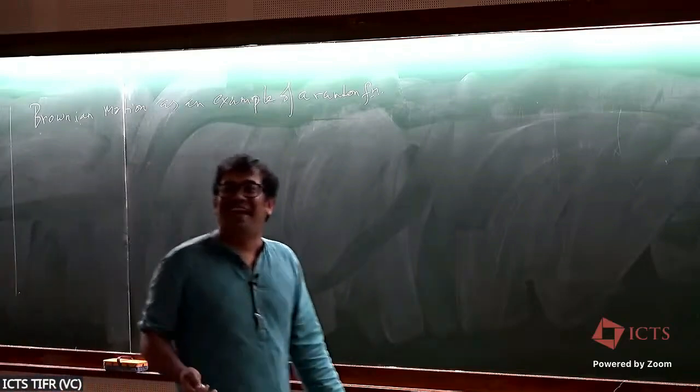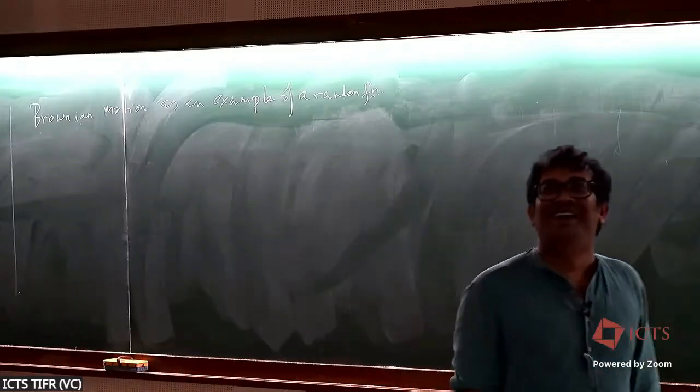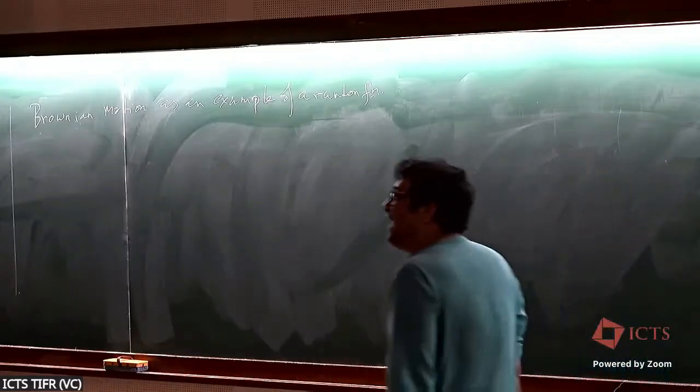Is Brownian motion scale invariant? Is it self-similar? It's self-similar. Right? You all had lectures on Brownian motion last week, right? So Brownian motion is a nice example of a random function which is self-similar and scale invariant.